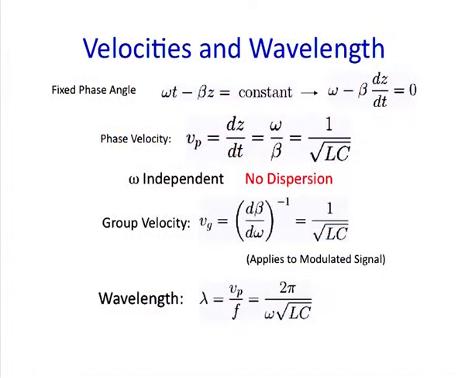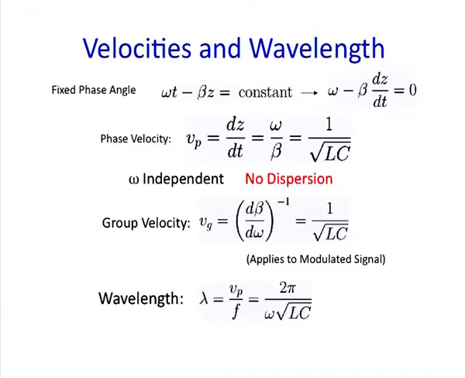If this omega does not depend upon the media, then the media is called linear media, and if the phase shift also depends upon the operating frequency, then we have to define the group velocity.